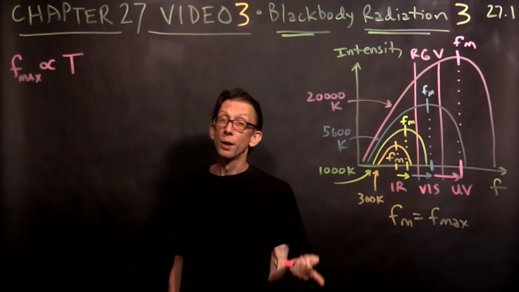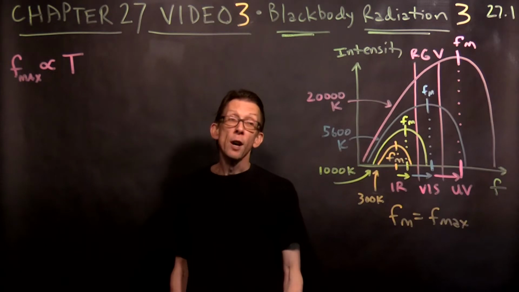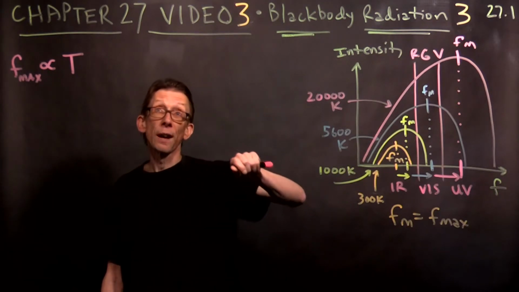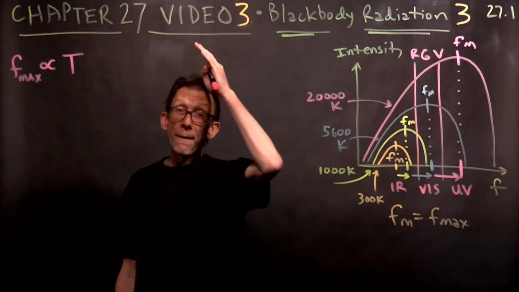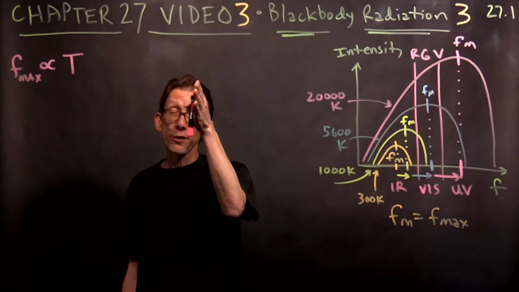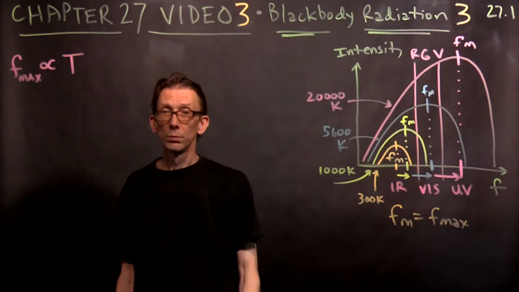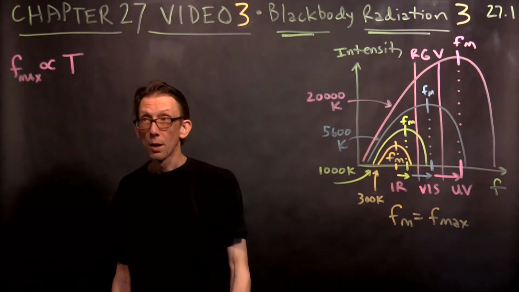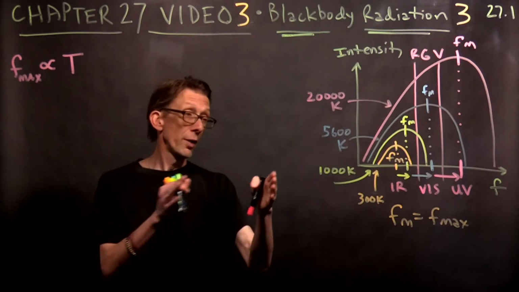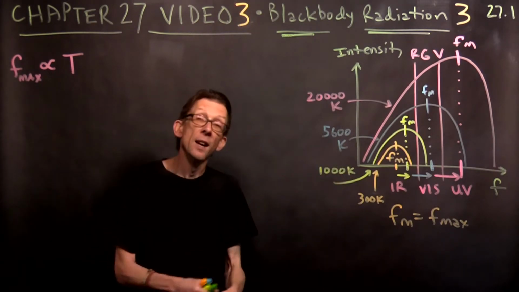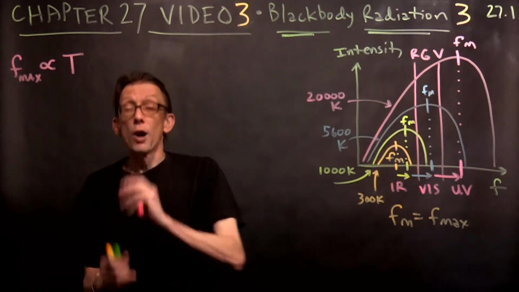So if I take my temperature from 300 to 600 kelvins, then my frequency of maximum emission shifts to twice its value. If I cut my temperature in half, from 300 kelvins down to 150 kelvins, then the frequency of maximum emission, that average frequency, also gets cut in half.